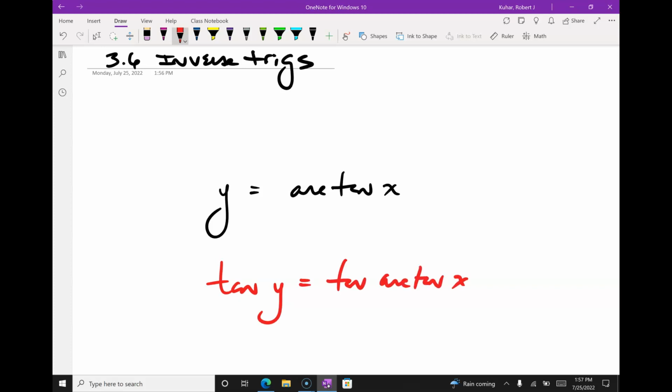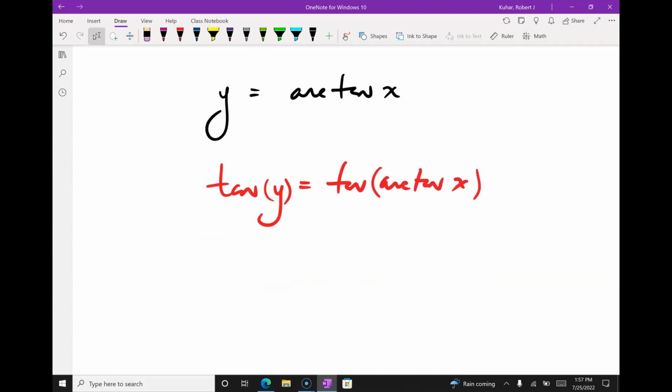What happens on the right there? Tangent of arctan of x, what is it? It's just x.